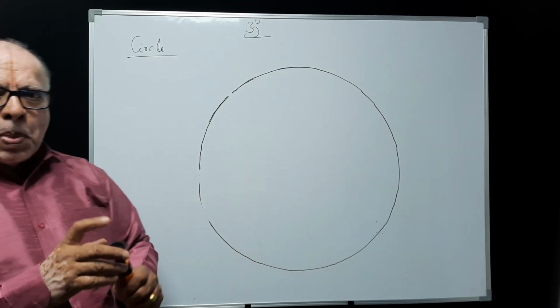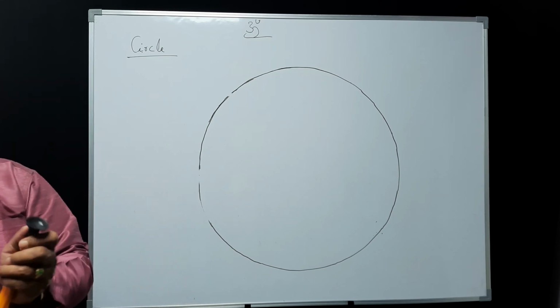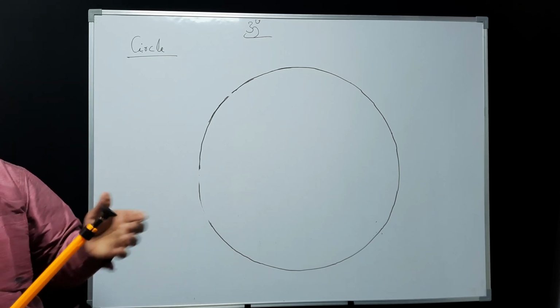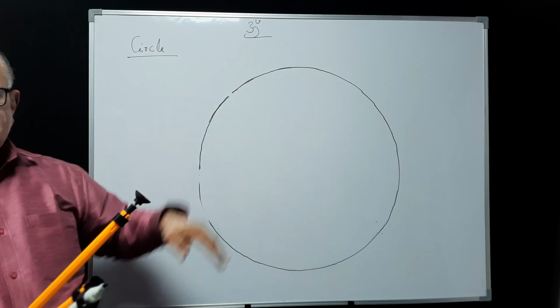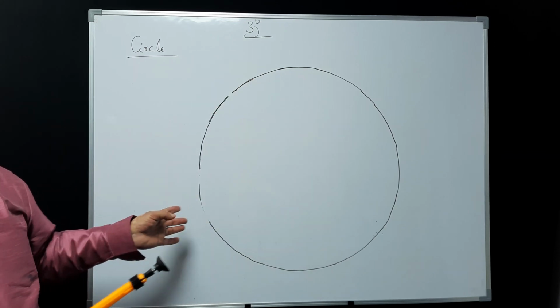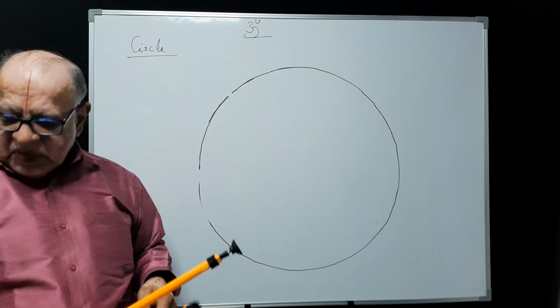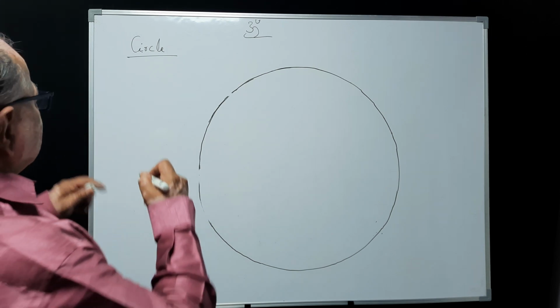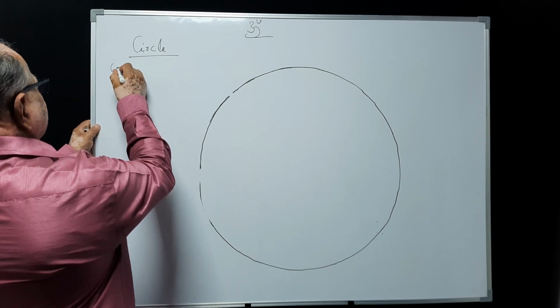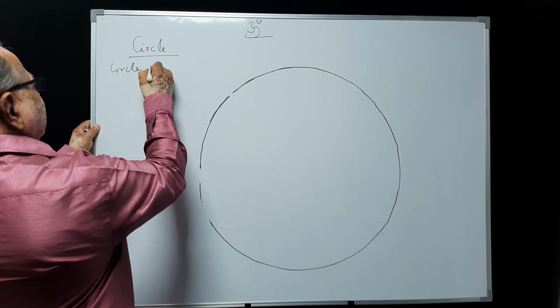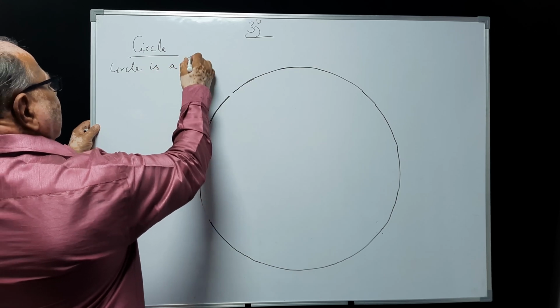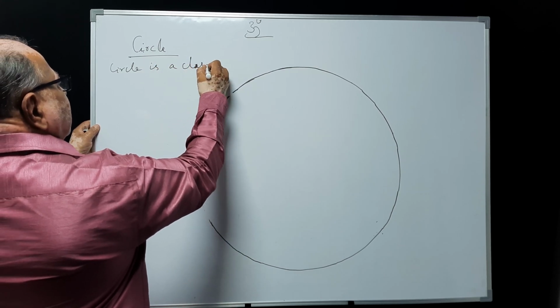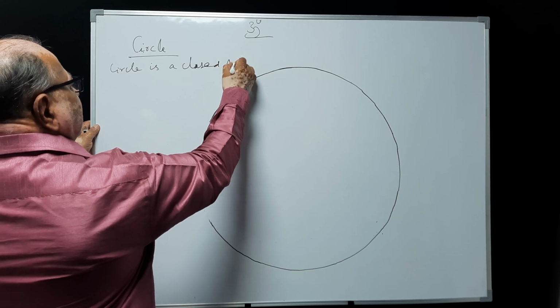So a circle is drawn with a specific center, specific radius on one plane and completing it to form a circle. So that is how we define. Therefore, we should know how to define the circle. The definition of circle is written like this. Circle is a closed arc. You can note this point.